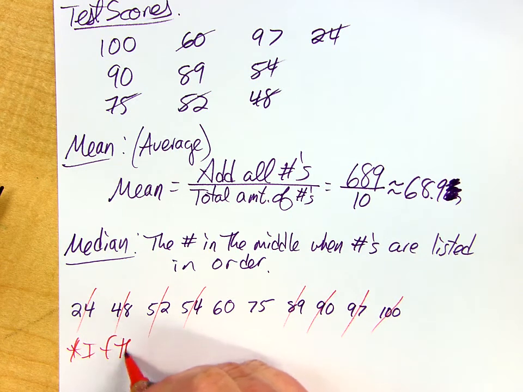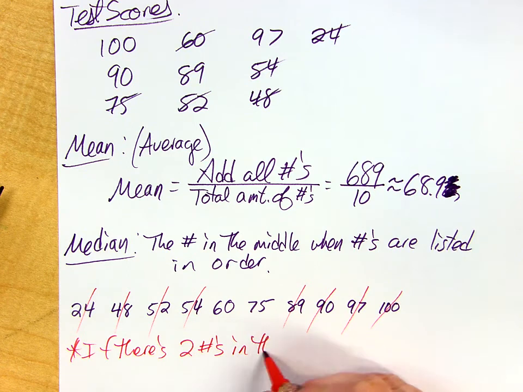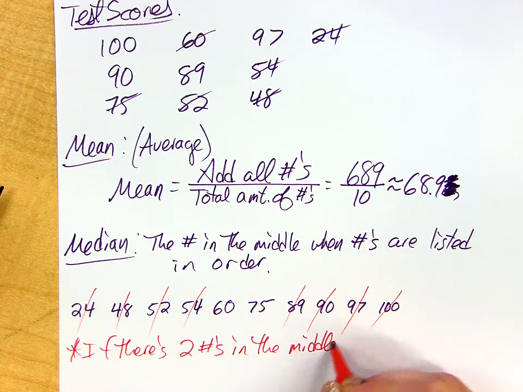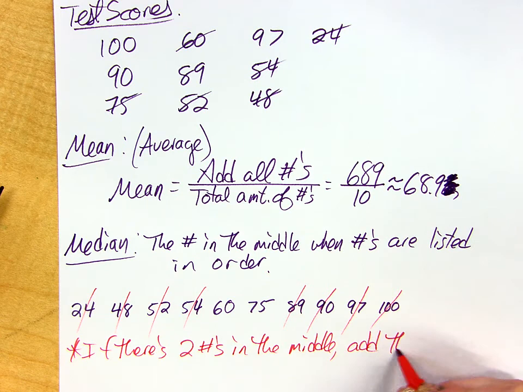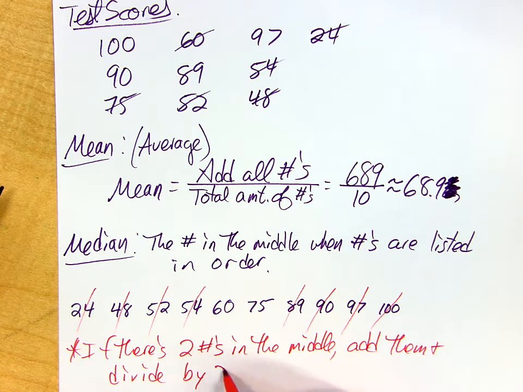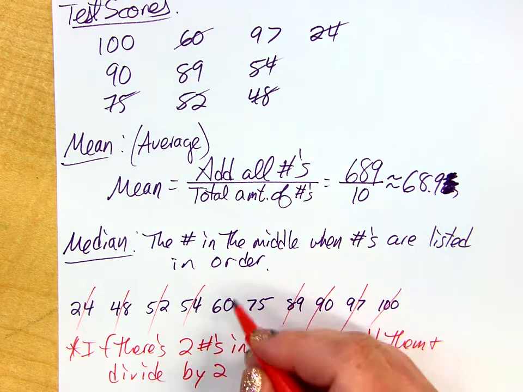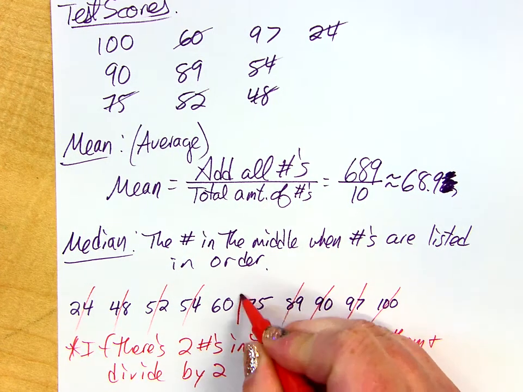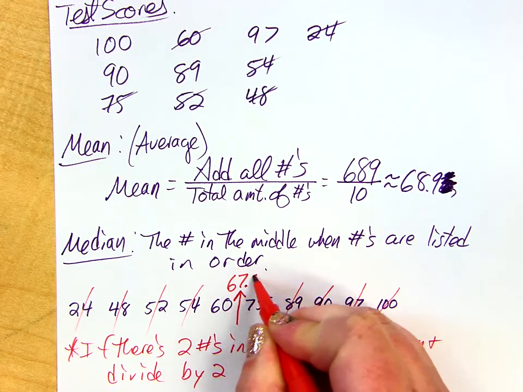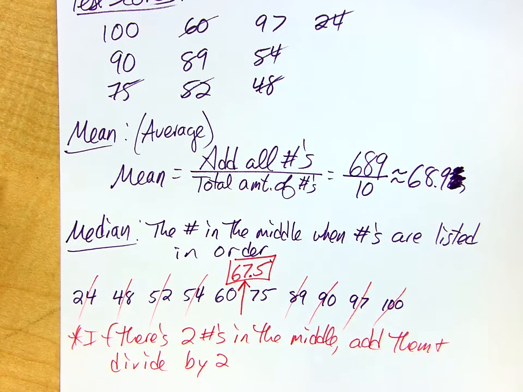If there are two numbers in the middle, add them and divide by 2. So 60 plus 75 divided by 2 gets me 67.5. So that would be my median in this case.